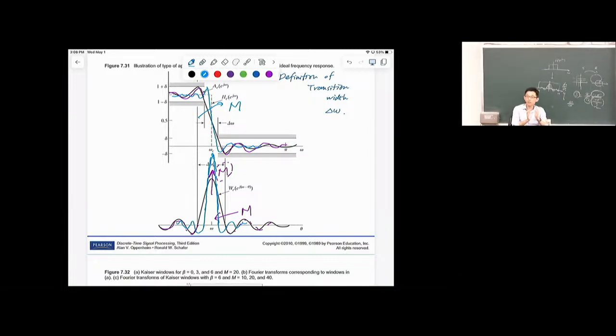So the message is that when M increases, the main lobe width is inversely proportional and decreases.